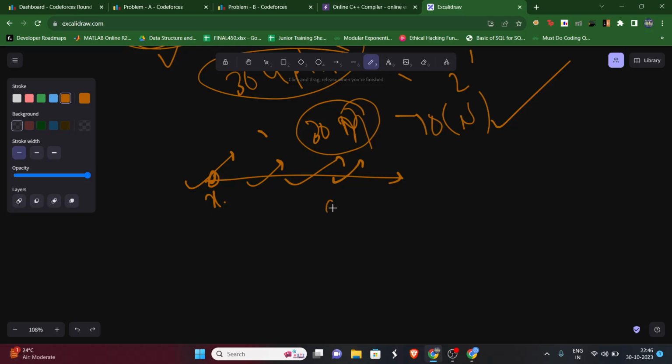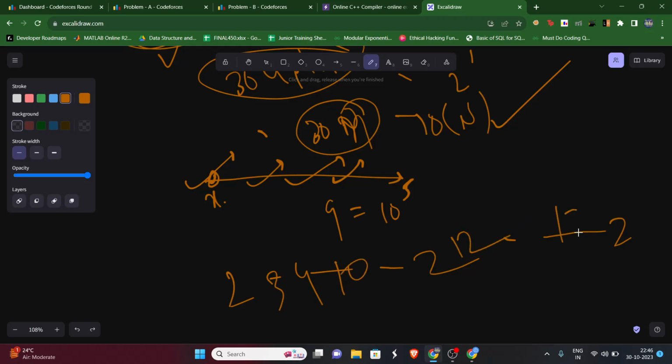The length of x can go up to 10 to the power 5. That means I'll have something like 2, then again 2, then again 2. Similarly, I can have 4, 3, any value. Let's say 10, 12, and again 12 is repeated.